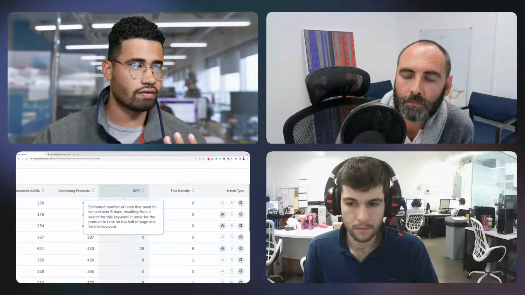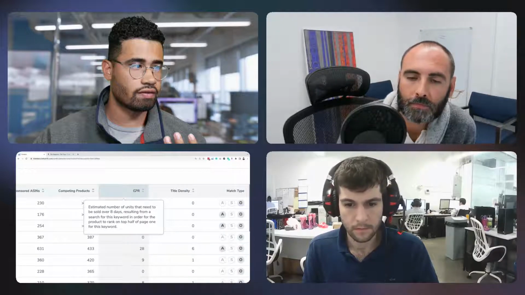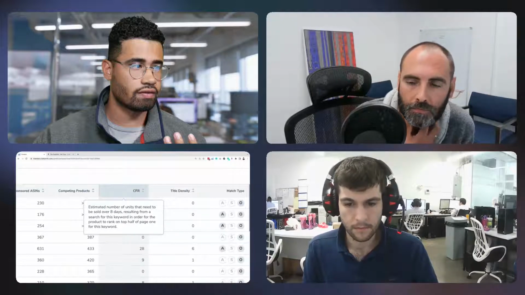But going back to what I want to talk about here, which is CPR. This was a number that Helium10 worked out at the time with the top platform for search, find, buy initiatives, which was AZ Rank. We worked with them and their software internally to figure out the exact number of units you would need to give away over a period of about a week in order to get to the top half of page one.